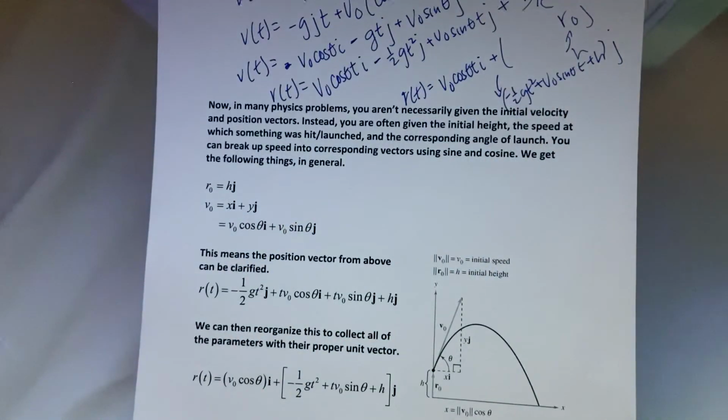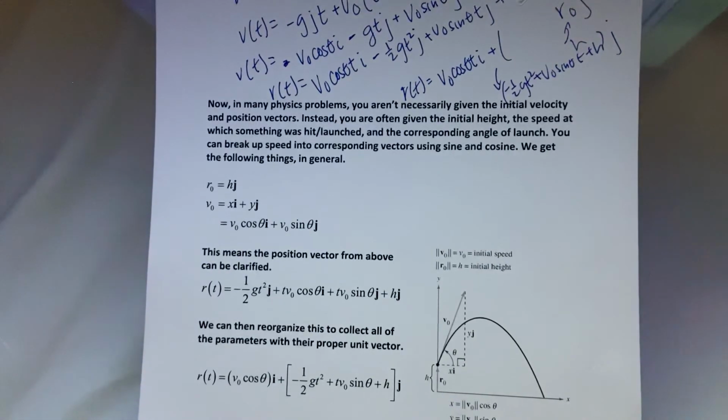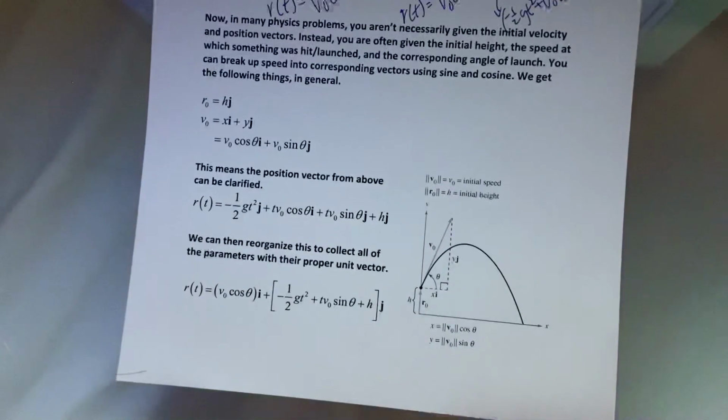The initial position is the height in the y direction, so h j. The initial velocity has an x and a y component, so it's v0 cosine theta i plus v0 sine theta j. This means the position vector from above can be clarified, which we did along the way anyway. We will finish the one problem in 12.3 and start 12.4 in the next video.